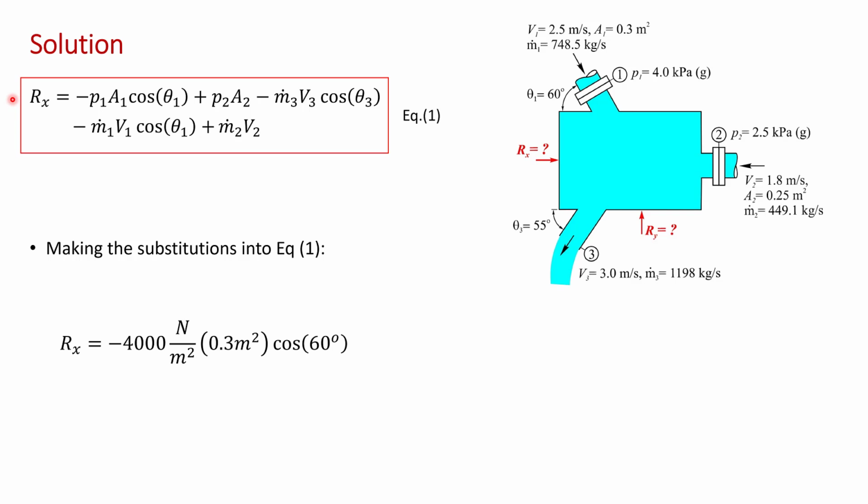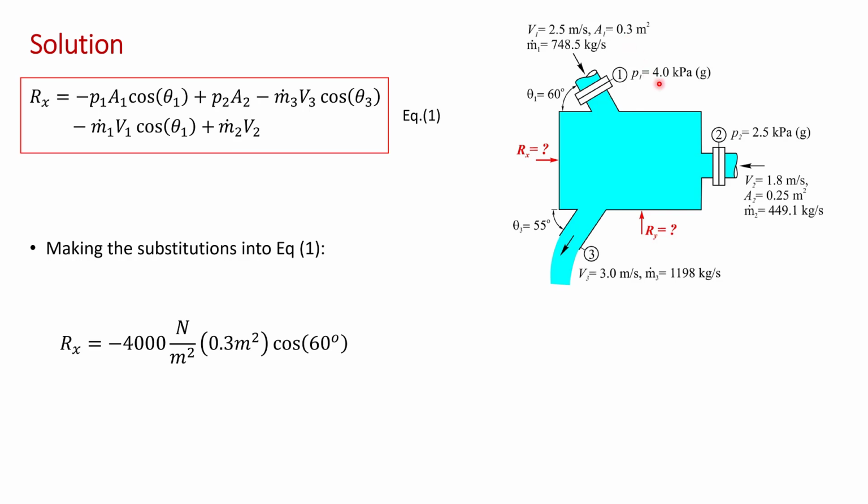So making the substitution for the first term, which is minus P1A1 cos theta 1. So P1 is 4 kPa. Again, I've reproduced the values from the problem statement in the diagram here and the values that we just calculated for the areas and the mass flow rate.